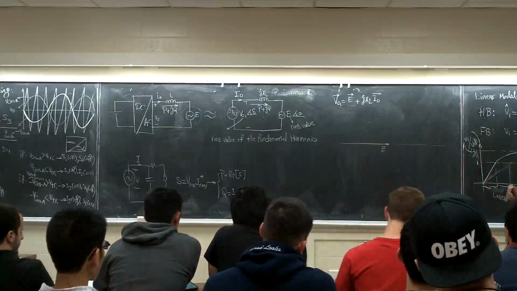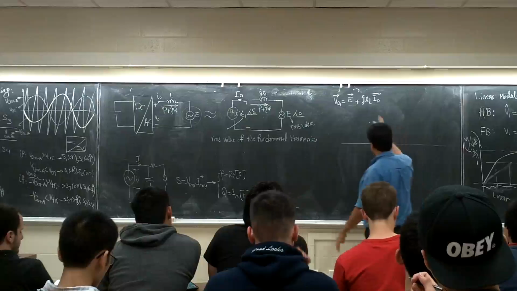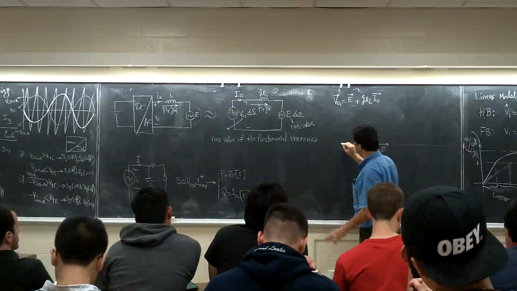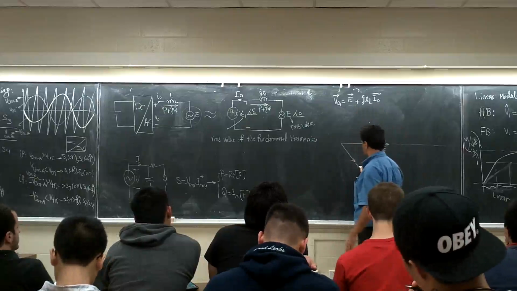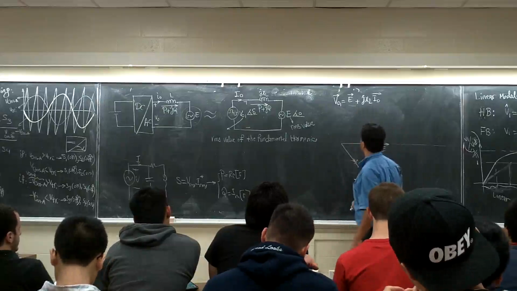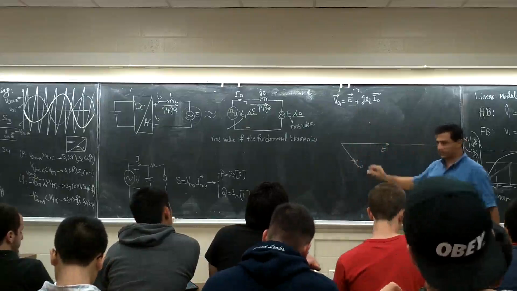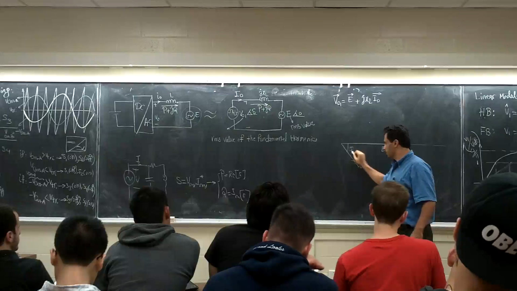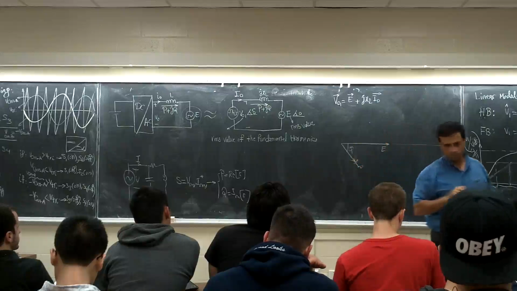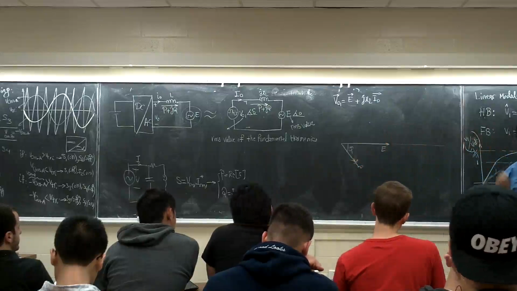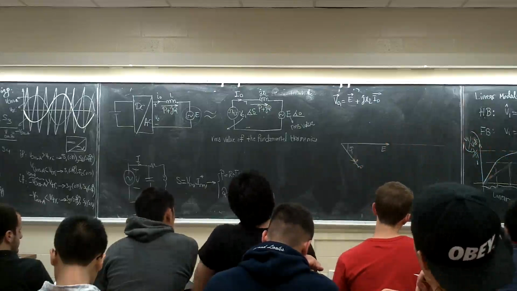Now, let's say, just assuming, I know where my IO is. For example, IO is here, and this angle is called phi, right?